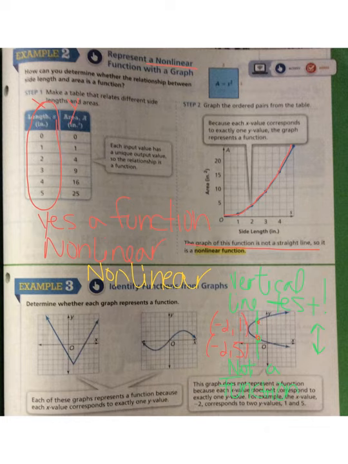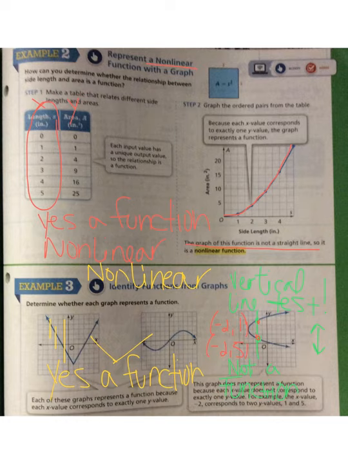If I were to draw vertical lines, think of the vertical line test, there's only going to be 1 point on each vertical line. So these are all a function. Yes, a function. They're nonlinear, but they are a function. So I know we're looking at two things now.